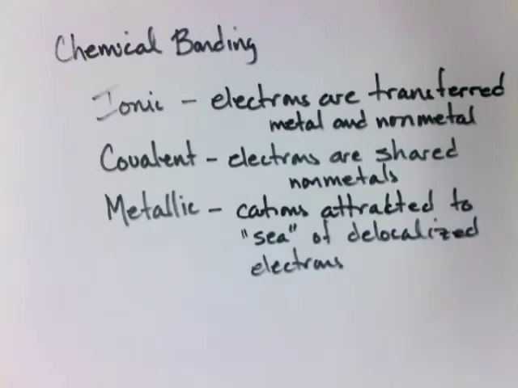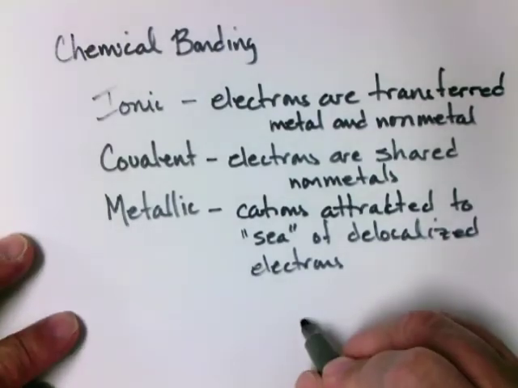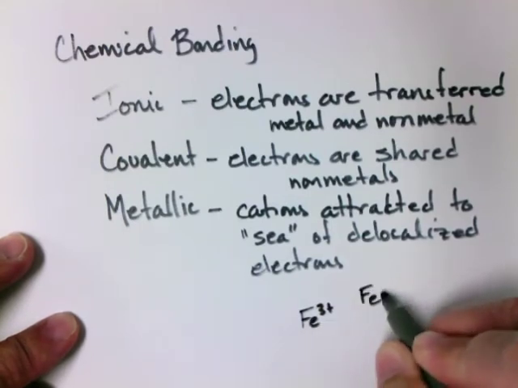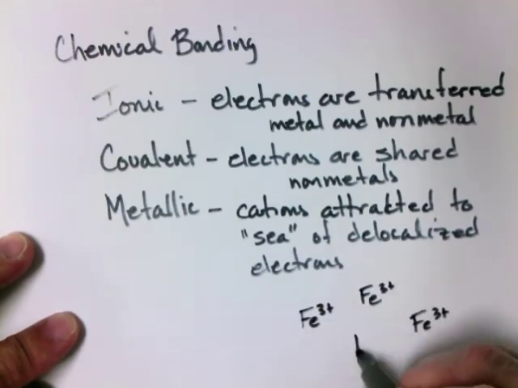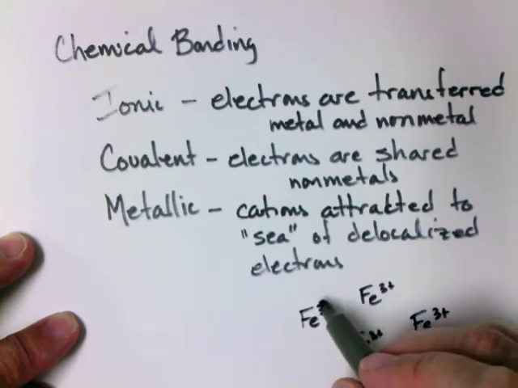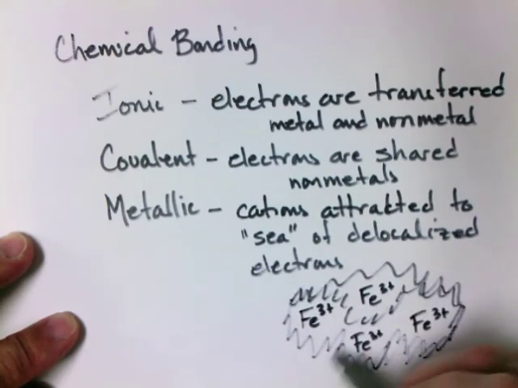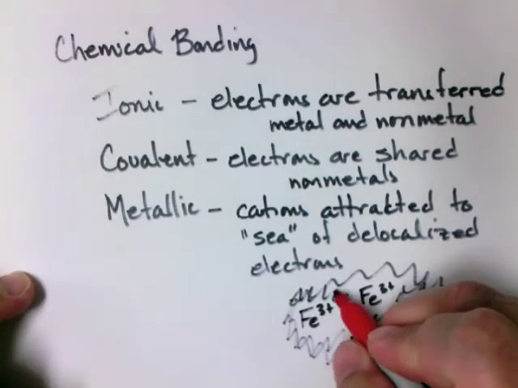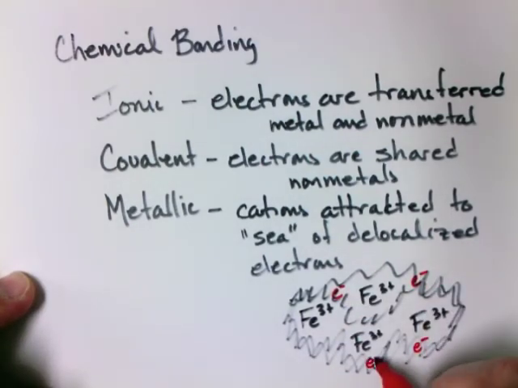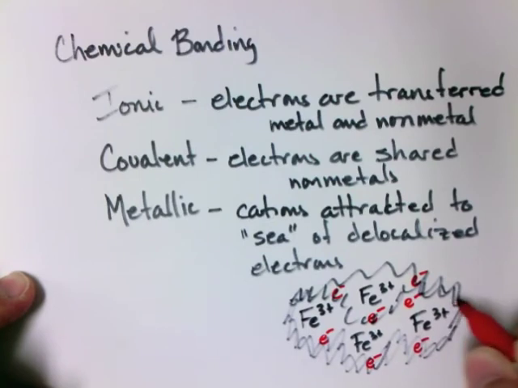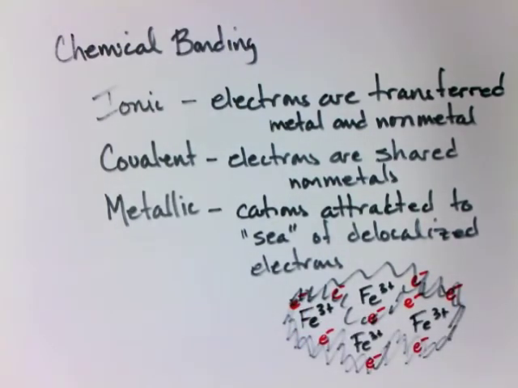And so you'd have, like, iron 3 ions, cations, all in the metal. And then all around it, you'd have all these delocalized electrons floating around, being attracted to all of them, and each of them simultaneously. That's all I want to say about metallic bonding.